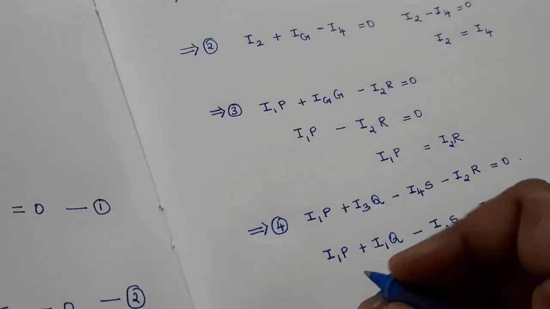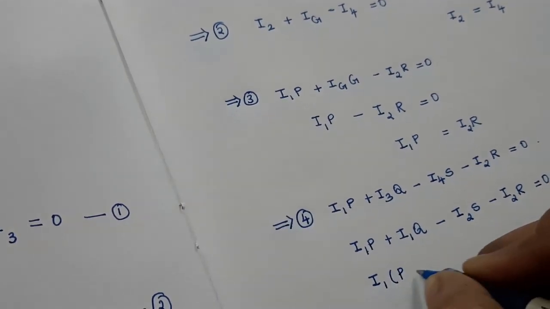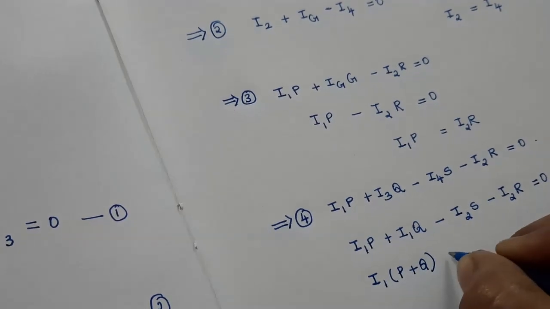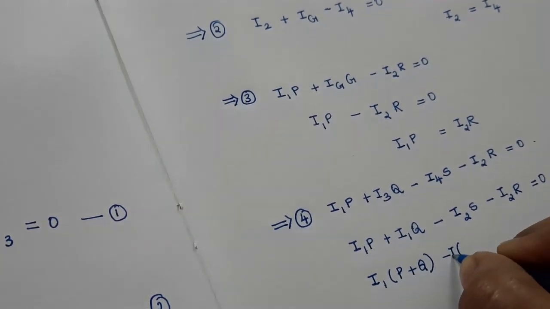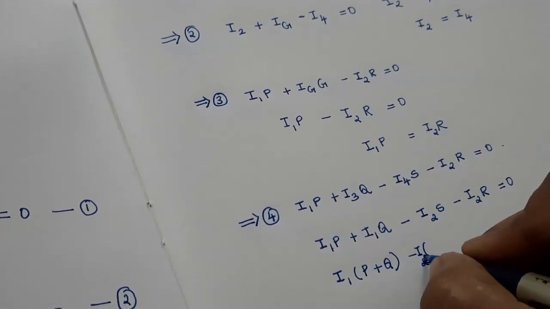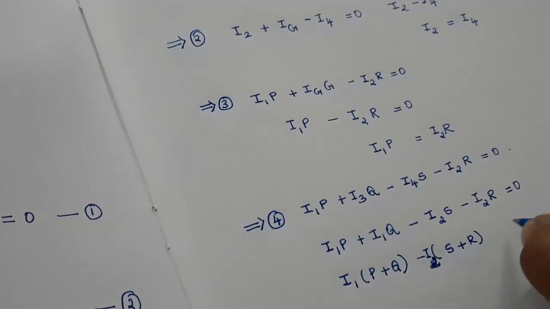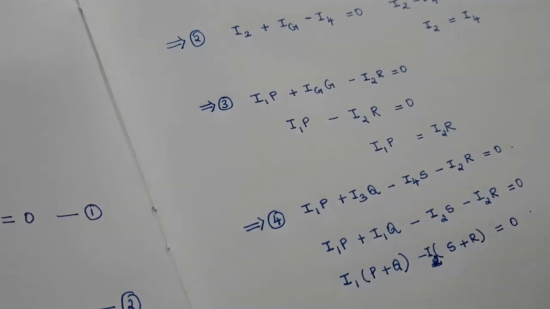See, here also I1, here also I1, so I can club these two terms, or take I1 out, and I will have P plus Q minus, taking I2 outside, S plus R is equal to 0.